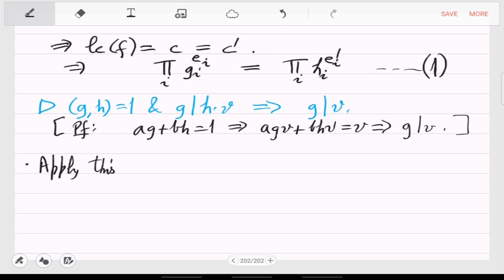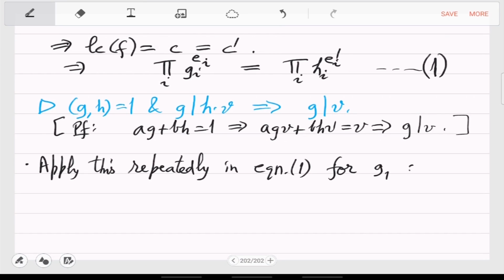So apply this repeatedly in equation 1, for let us say G1. Then what you get is that there exists some I1 such that G1 and H_I1 are the same.